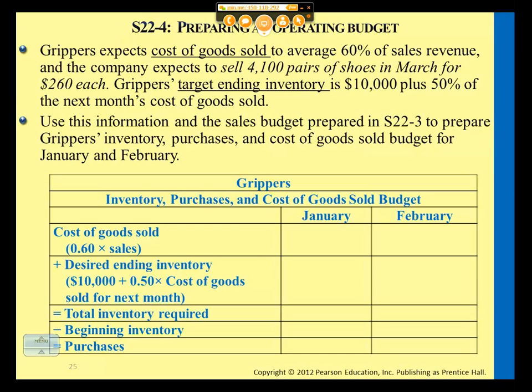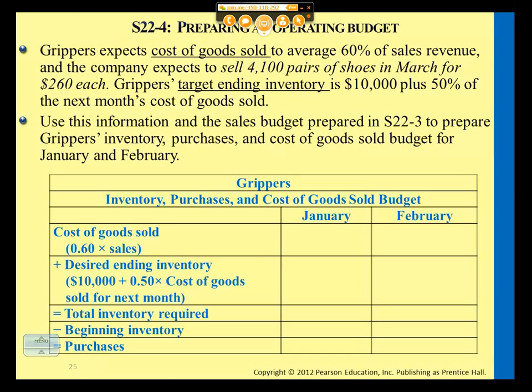Wait, so you're supposed to take your revenue minus the 10,000? Where are you supposed to plug in? So we did the cost of goods sold, right? We've learned that it's usually projected or predicted by the company, right?